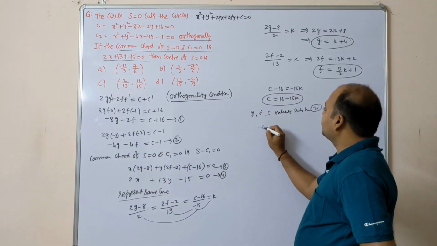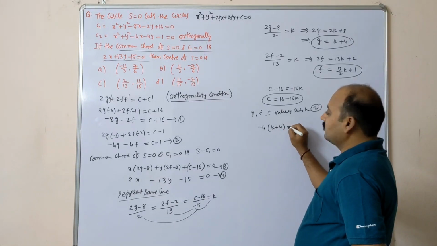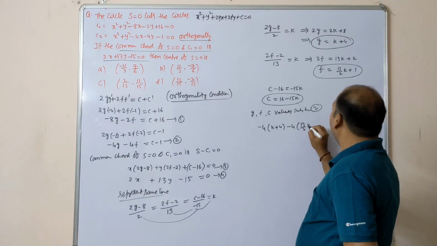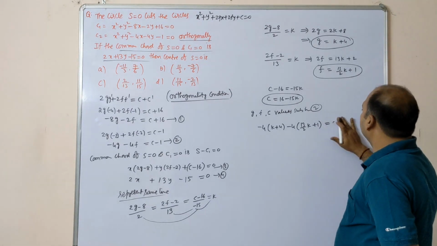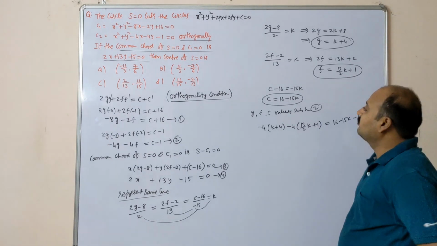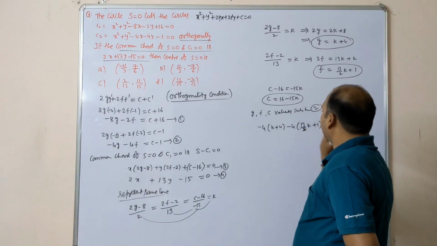So minus 4 into g value (k plus 4), minus 4 into f value (13 by 2 k plus 1) is equal to c minus 1, c value is 16 minus 15k minus 1. Now the 2s cancel, okay, next step we will do.